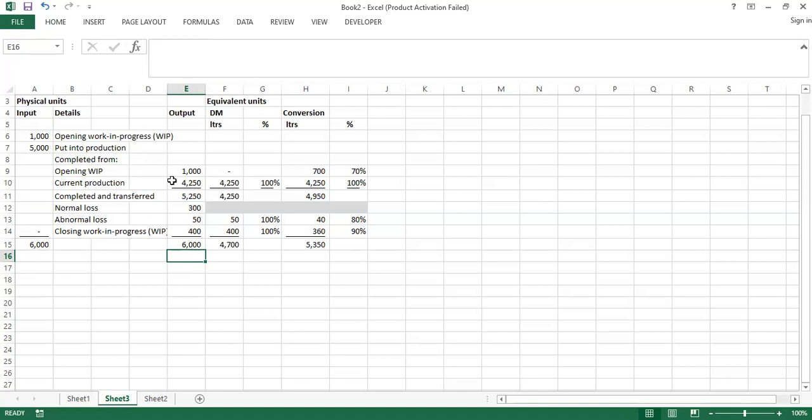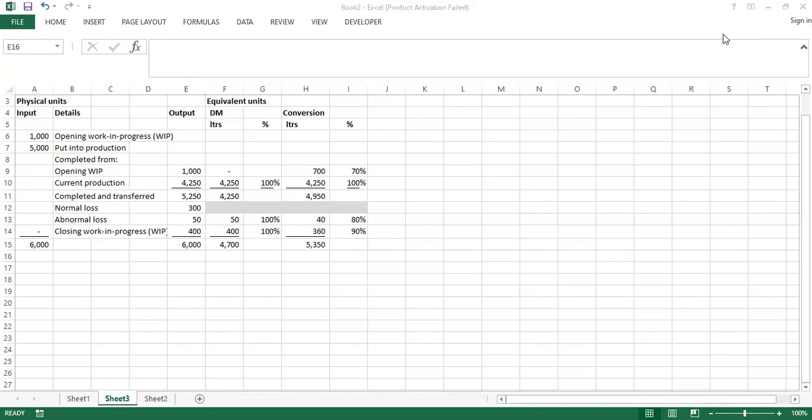Here we started off with the FIFO, the first in, first out method. In that method in particular, we want to break it down and distinguish between opening work in progress and what was currently put into production.